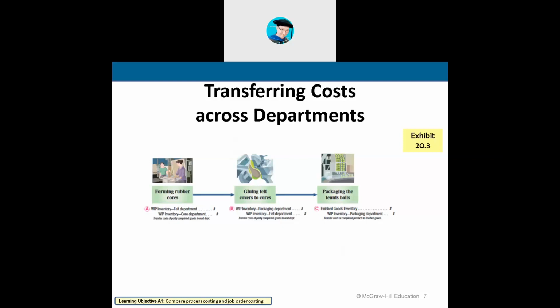I'm going to add additional overhead, the machinery, electric, etc. Once I've added those additional direct materials, direct labor, and overhead in the felt department, I've added that to the cost the ball incurred in the core department.